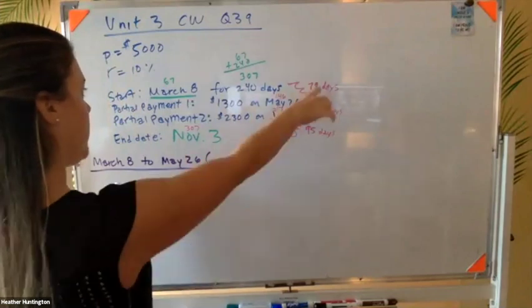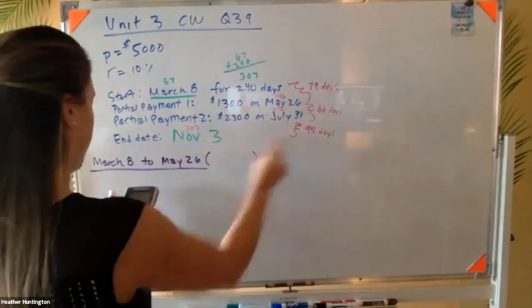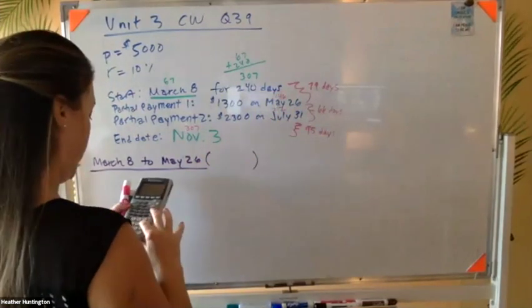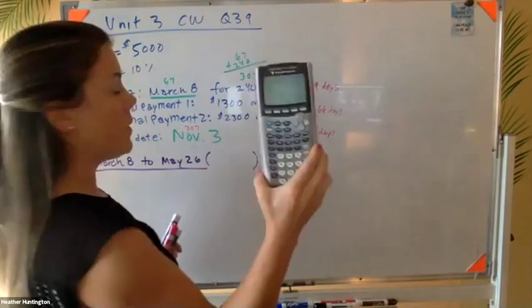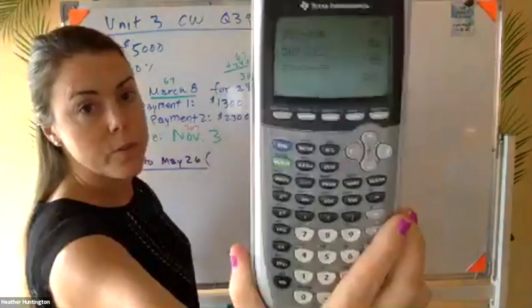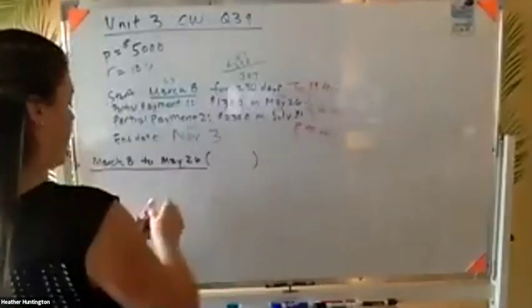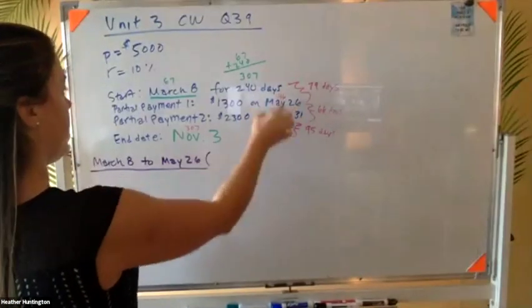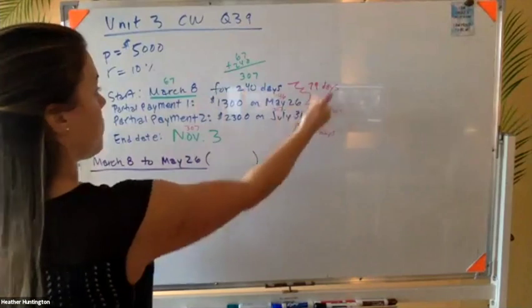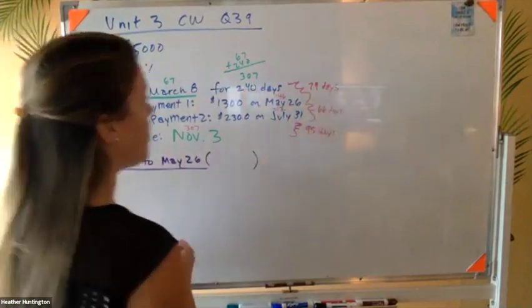What should we get if we sum up 79, 66, and 95? Shouldn't we get 240? Isn't that good news? Okay, so now I'm feeling pretty confident that I have the correct number of days in each period.